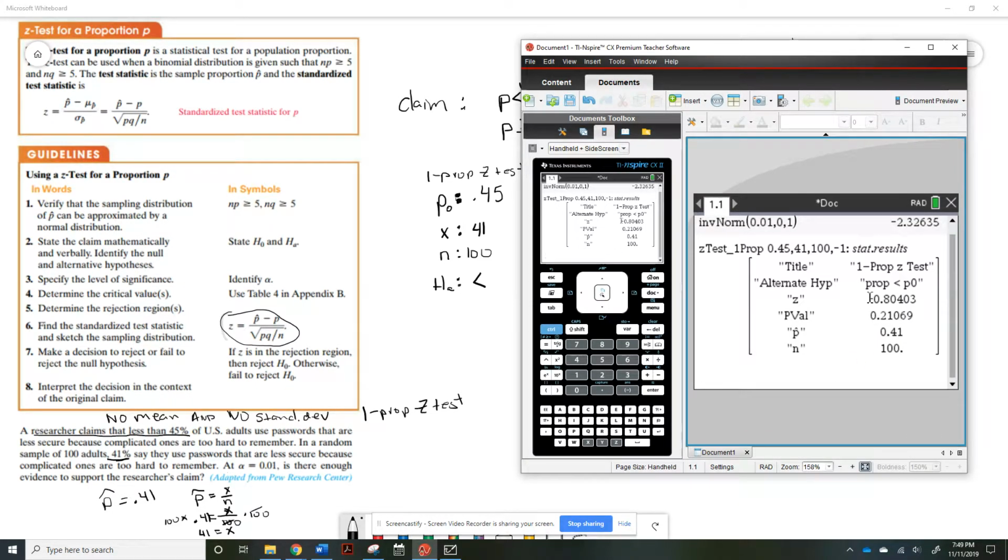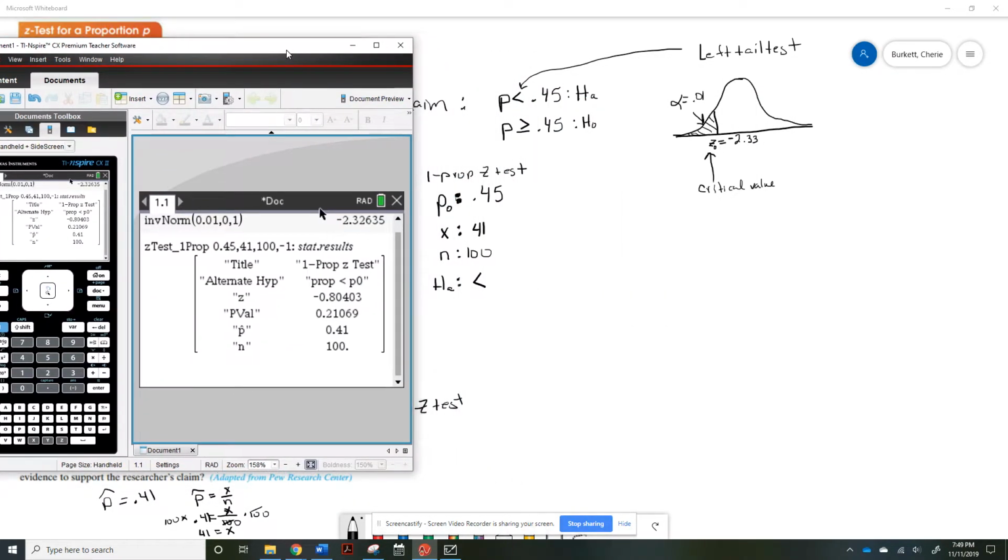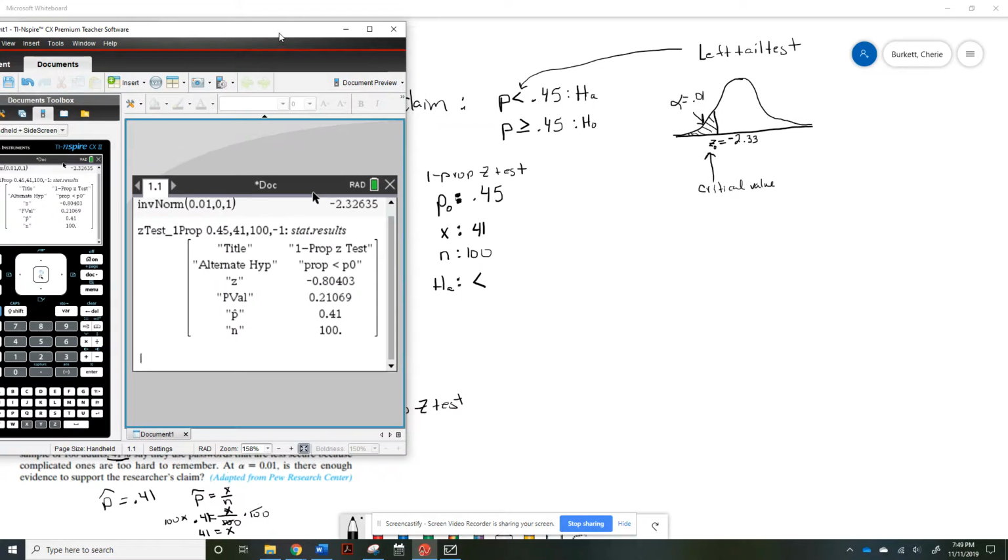This is our test statistic, negative 0.81, and this is our p-value. I'm going to change colors real quick.